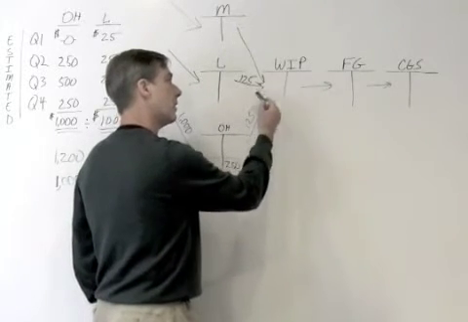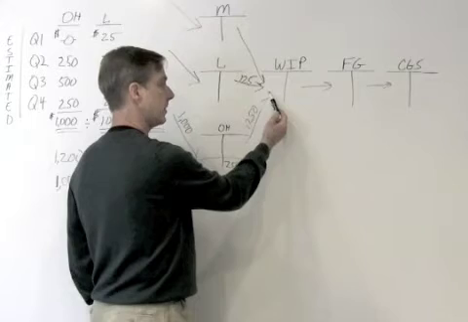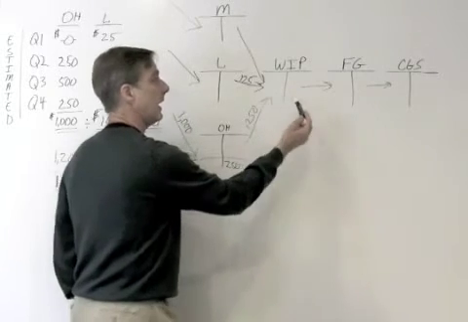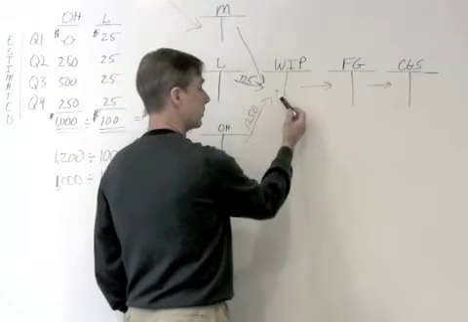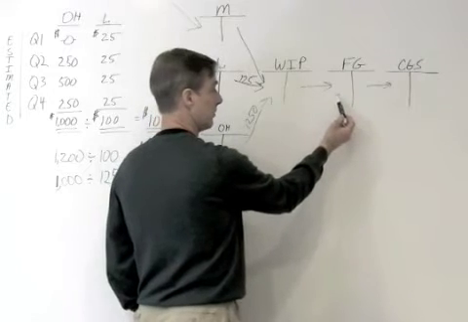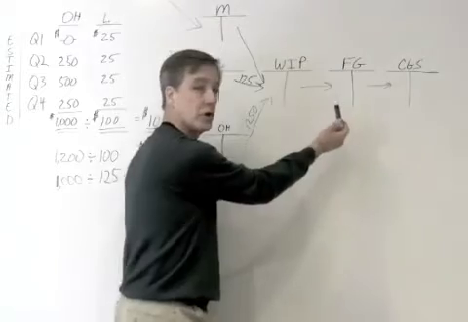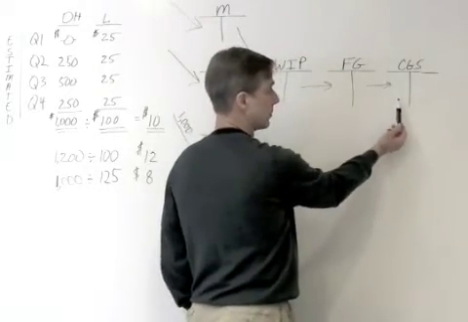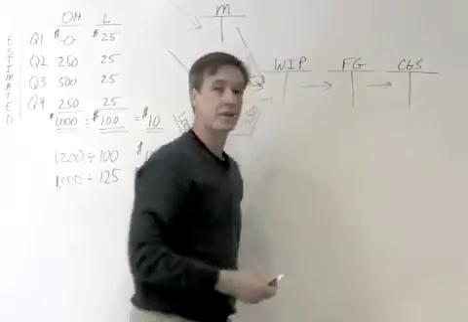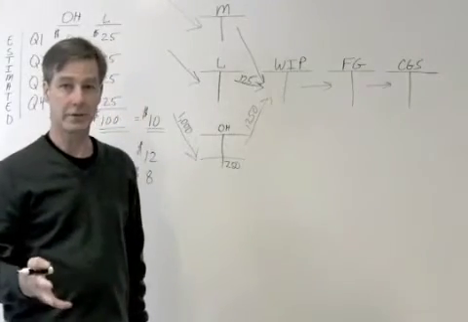So work in process is going to have a balance that's $250 higher than it ought to have, and when those goods are finished, finished goods will have a balance that's $250 higher than it should be, and when those goods are sold, cost of goods sold is going to have a balance that's $250 higher than it ought to be.